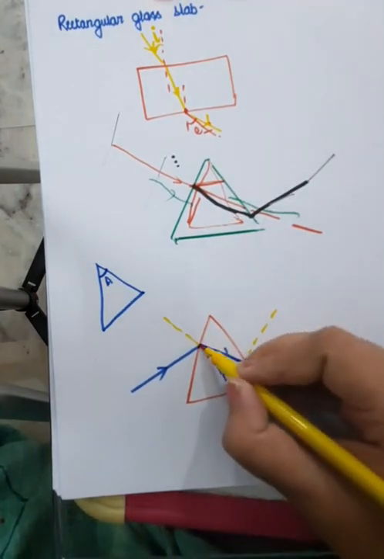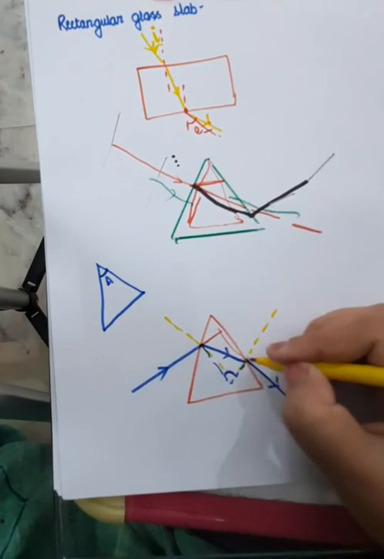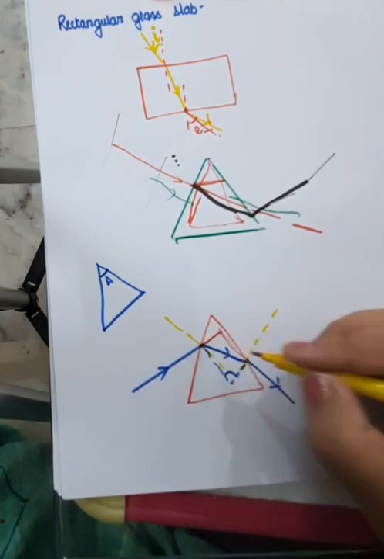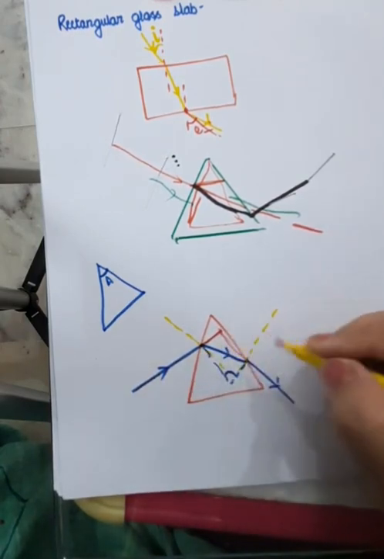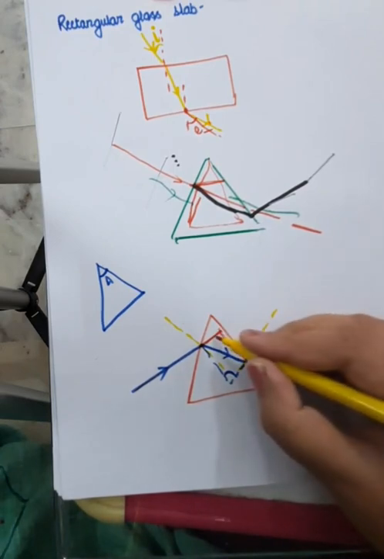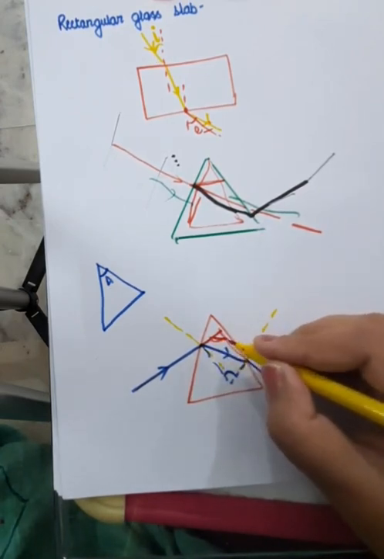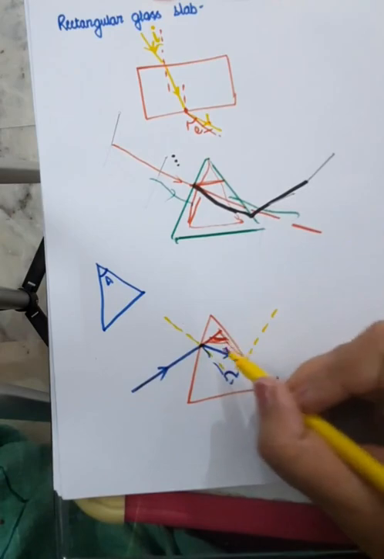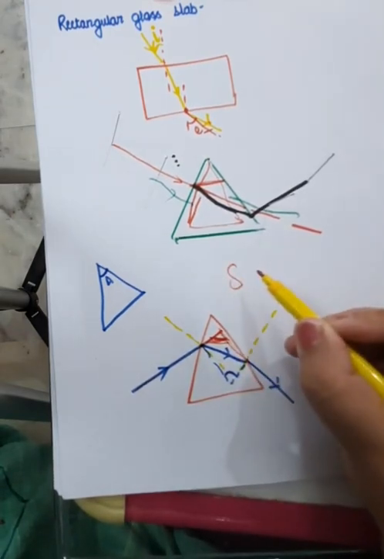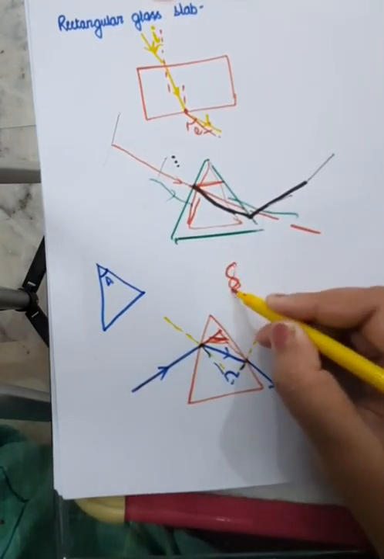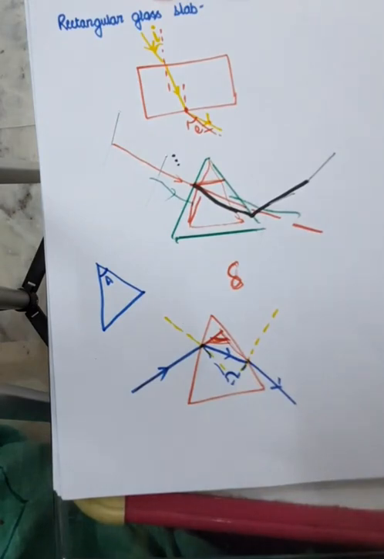When this light ray and this light ray are back produced to see their original paths, this was the original path and this is the deviated path, the angle which will be coming in between both of them, that will be known as delta. This delta is angle of deviation through which the light ray has deviated through its path after passing through a triangular glass prism.